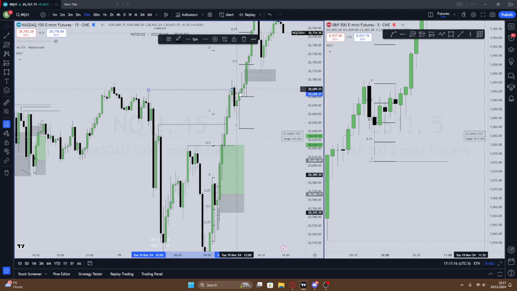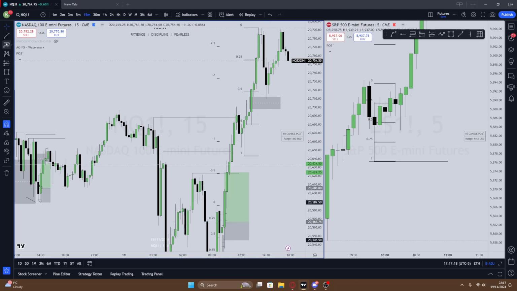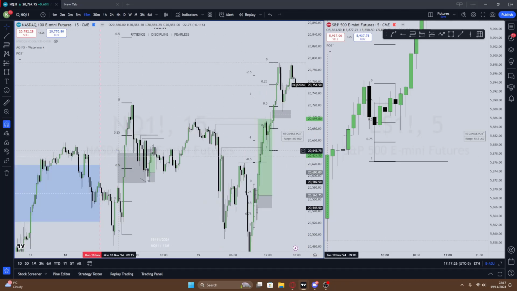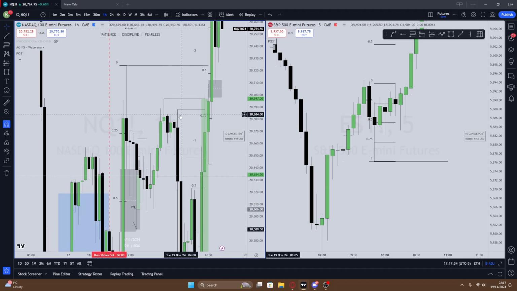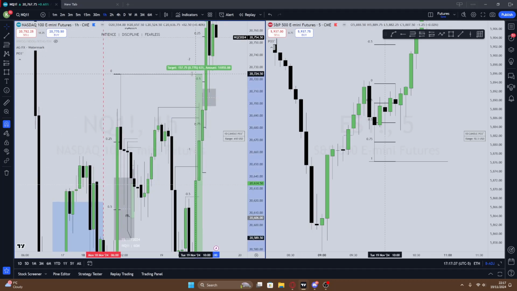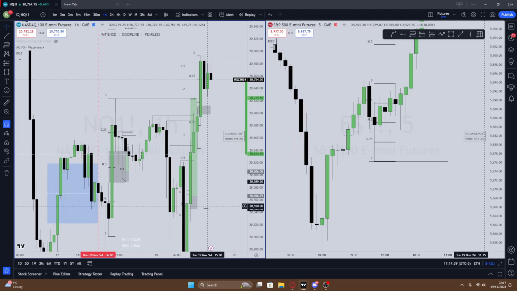This high unlikely to get taken out, but it did anyway. And again over here. So that's probably your TPs. You could have had it at this high as well. Let's see on the higher time frame if it was low resistance or not. Yeah, it was low resistance. So you probably have your TP up here as well.